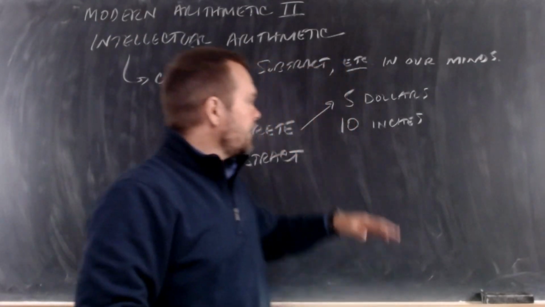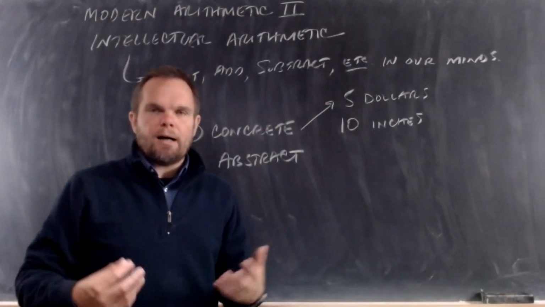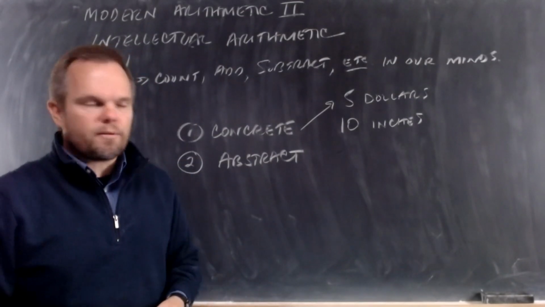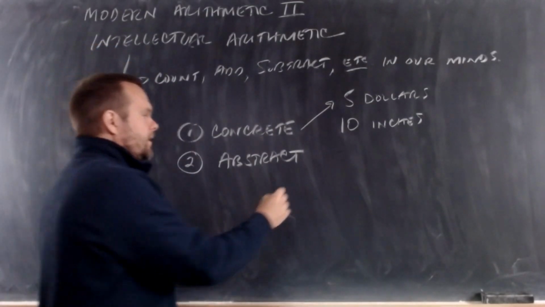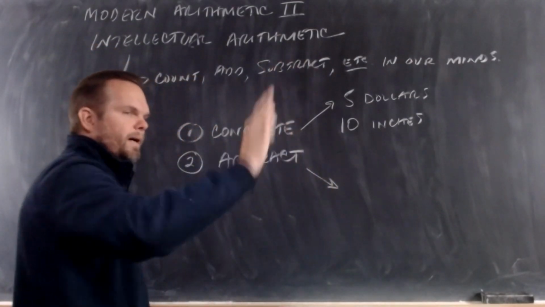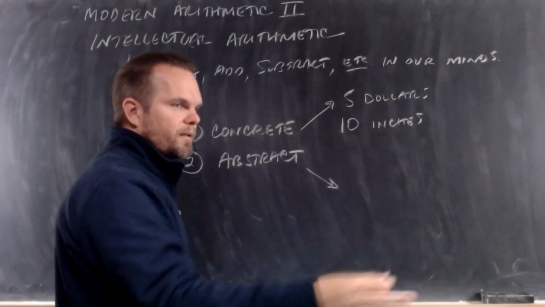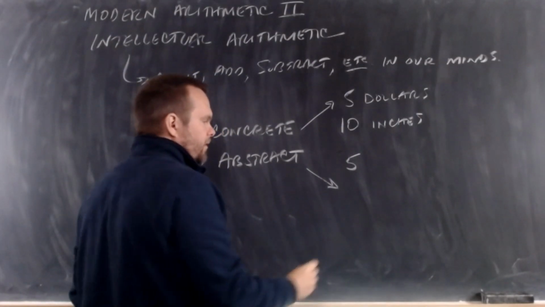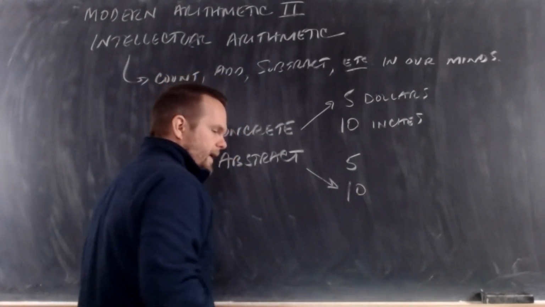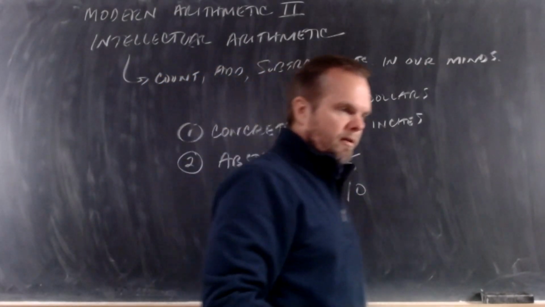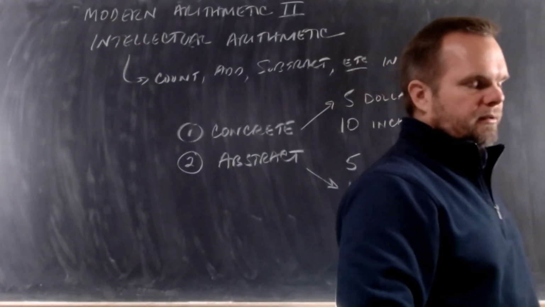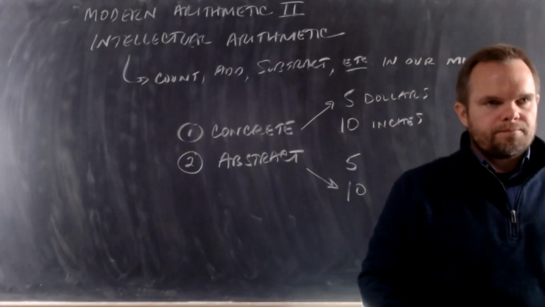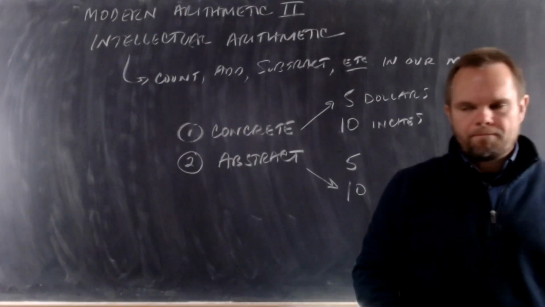All right? Concrete numbers, we think about objects. We talk about objects. But abstract numbers, we don't think about objects. We just think about the numbers themselves. We think about the number 5 by itself. We think about the number 10 by itself. Those are abstract numbers. Okay?